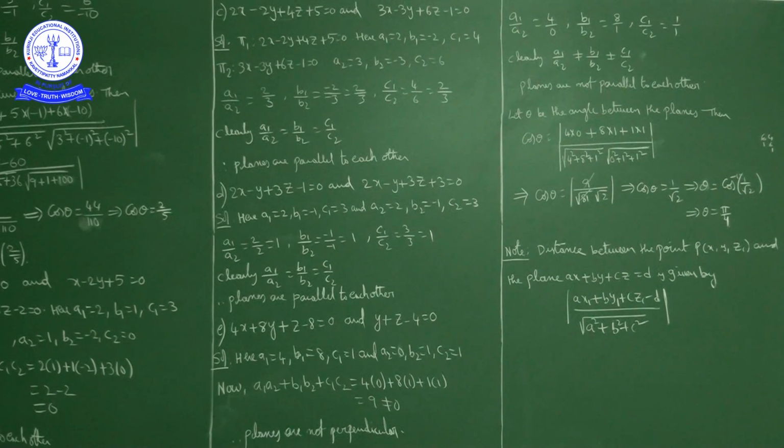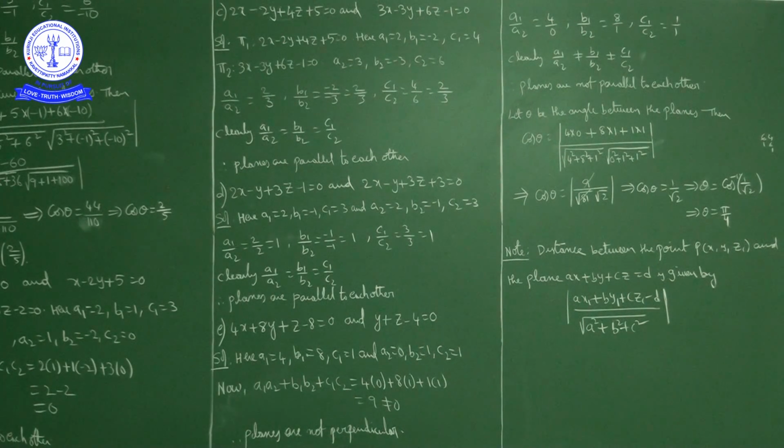Now let theta be the angle between the planes. The formula is cos theta equals the magnitude of a1 a2 plus b1 b2 plus c1 c2, upon square root of a1 square plus b1 square plus c1 square, into square root of a2 square plus b2 square plus c2 square.